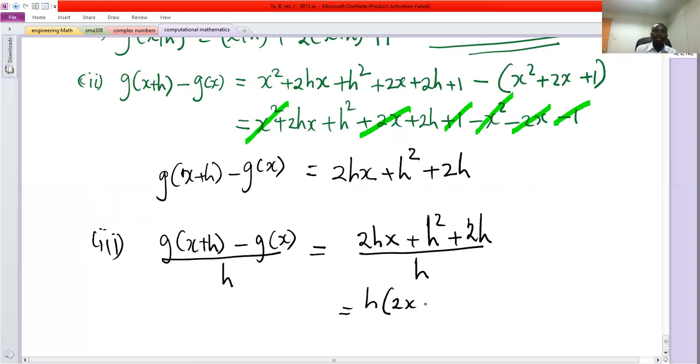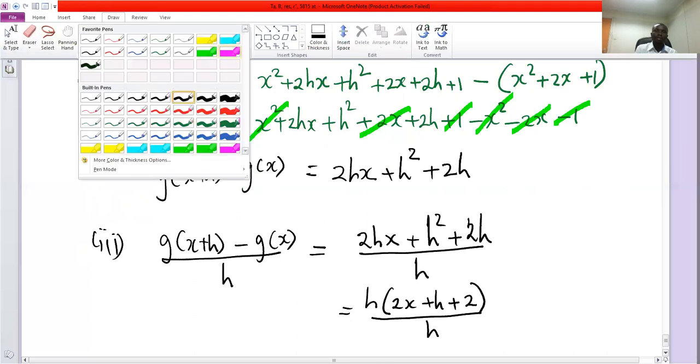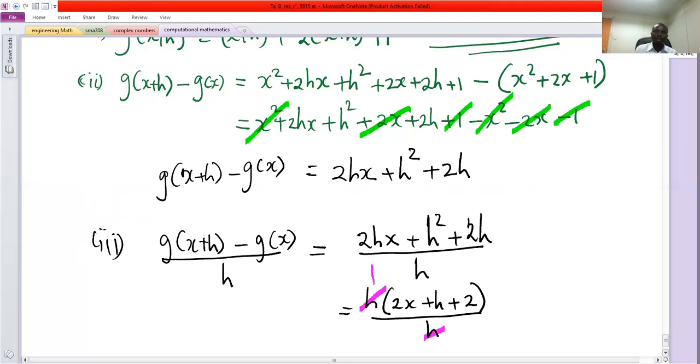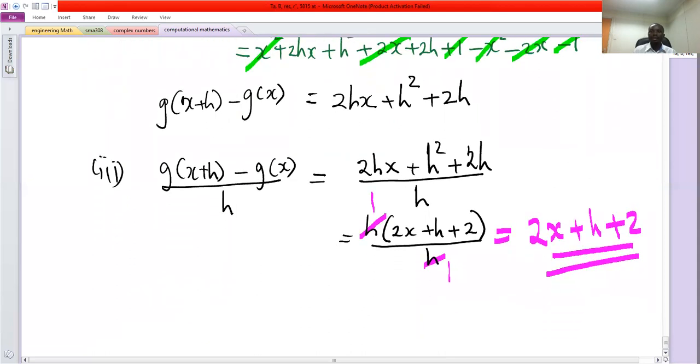So h times 2x plus h plus 2, divided by h. And so you cross out this h and this h, and the answer will be 2x plus h plus 2. So this will be the solution to that given problem.